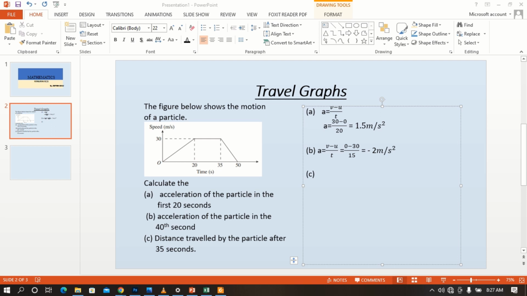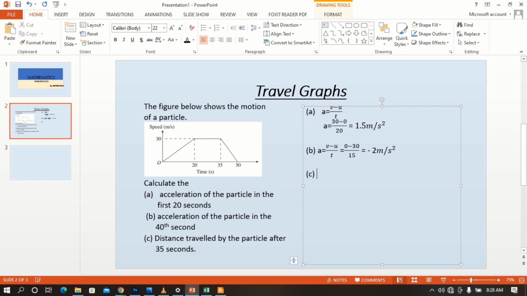I didn't use the 40 itself because I don't know what was the actual speed at the 40th second. So intelligently, strategically, we used the 50th second and the 35th second to obtain the acceleration of the particle at the 40th second. Okay, so now I proceed with the distance traveled by the object.